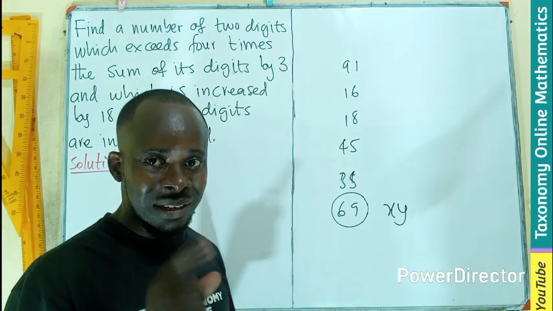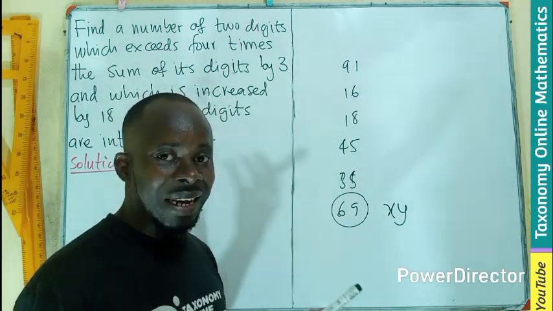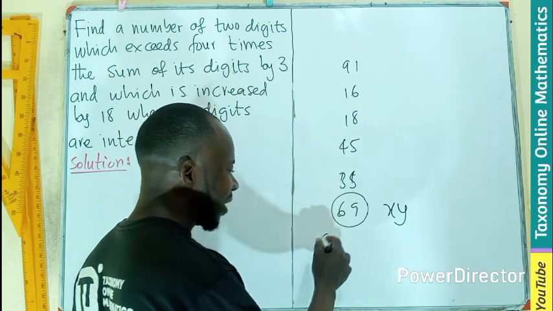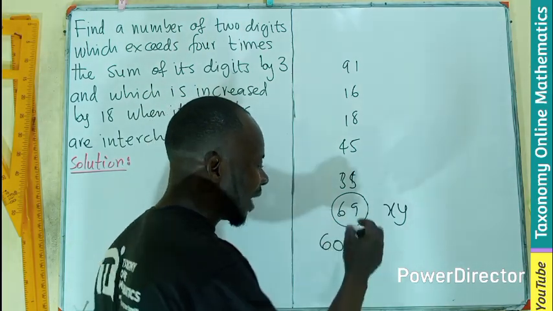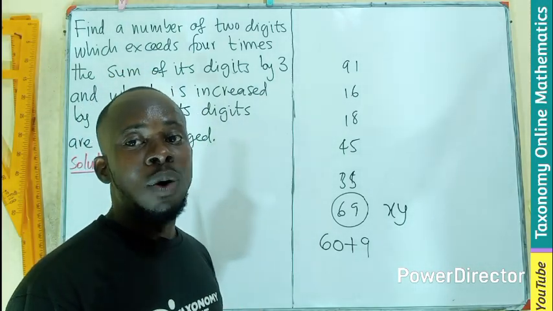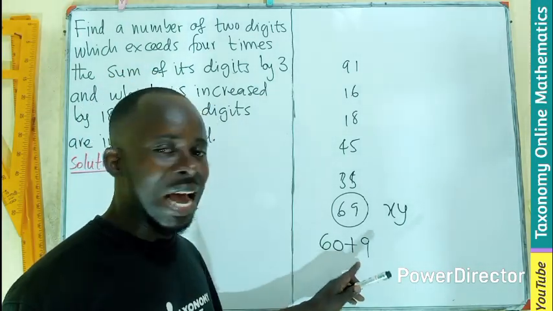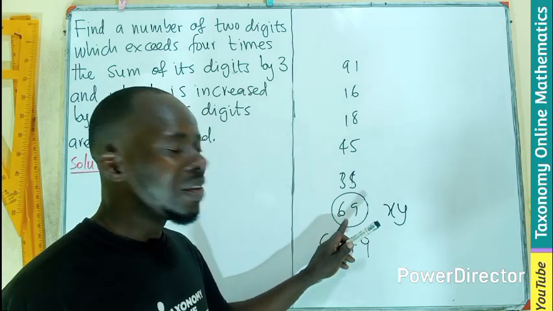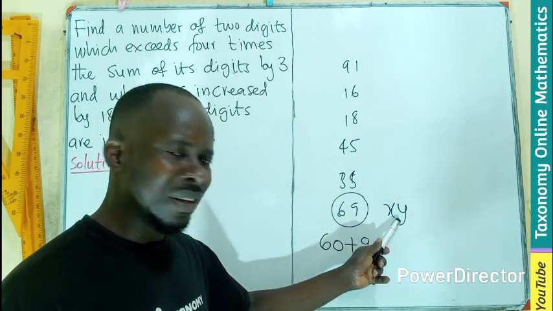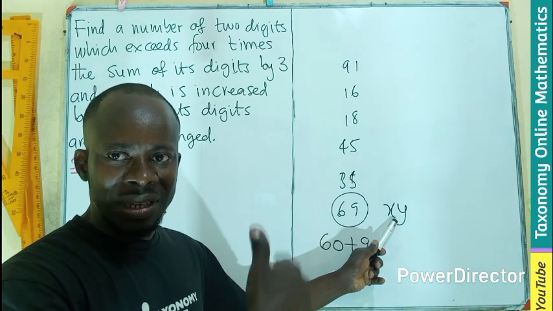6 is a digit, a symbol. 9 is a digit, a symbol. But when put together, it becomes 69. That's 6 in the tens column and 9 in the ones column. If I write xy, you may misinterpret it.